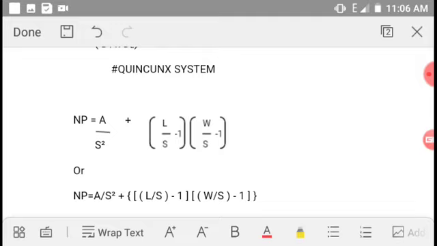So, following the PEMDAS method, paano mag-compute ito? Yung PEMDAS natin sa basic math, you first compute for those in parentheses or exponent before you proceed to multiplication and division, and then after that proceed to addition or subtraction.